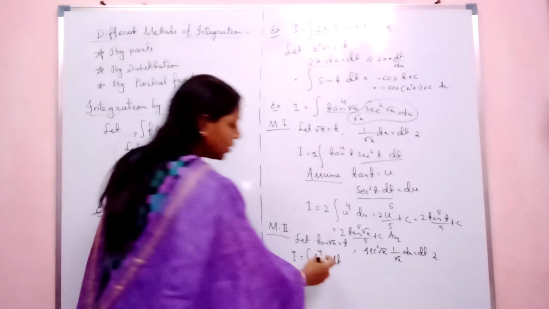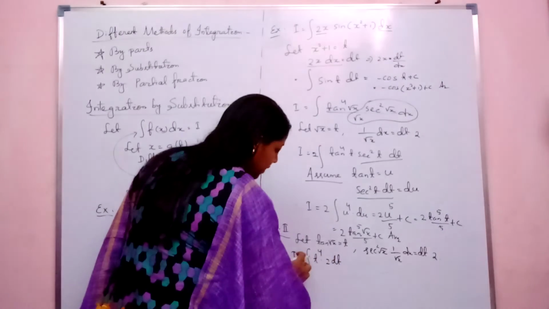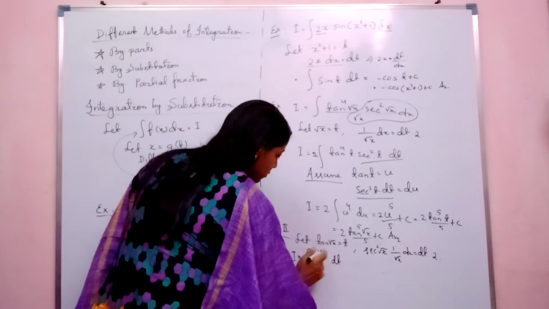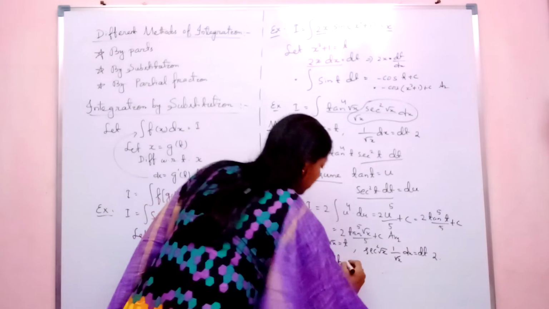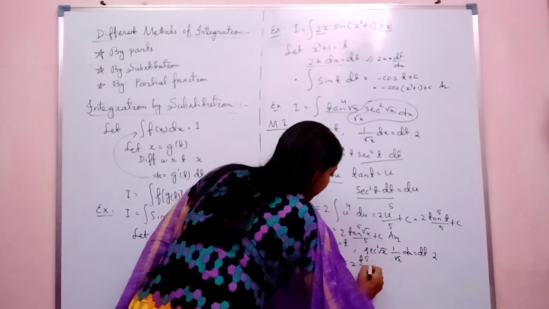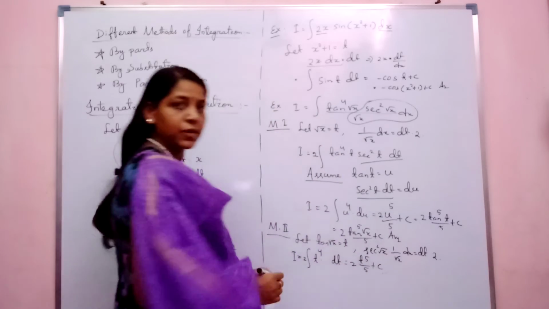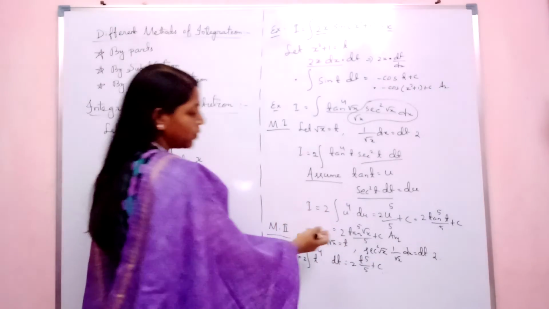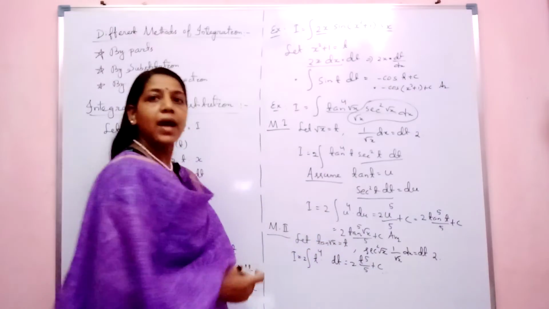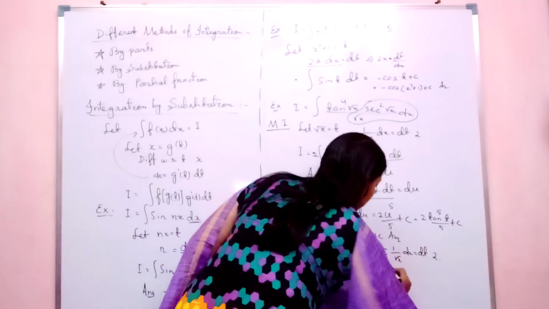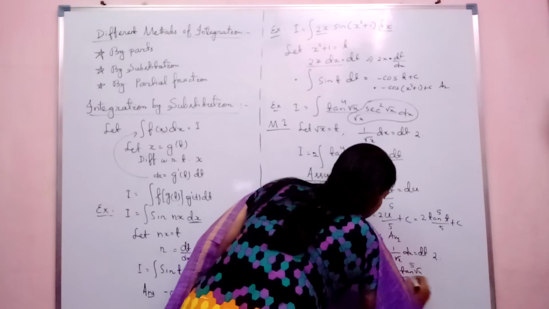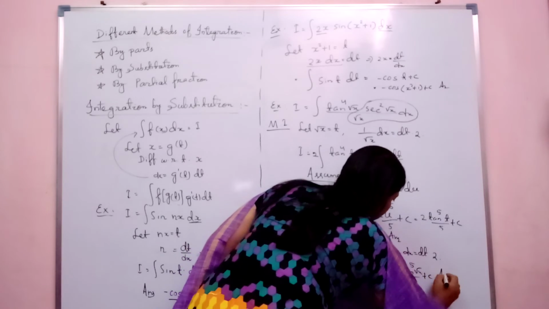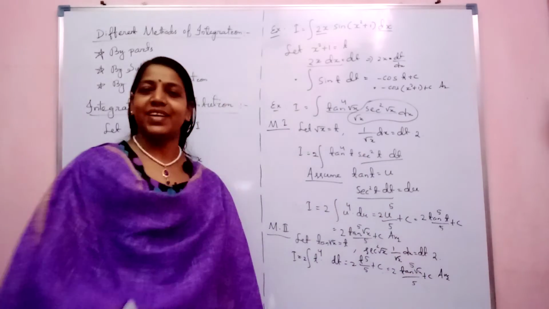Now take your 2 to the outside because it's a constant. So now integration of t to the power 4 dt. Apply the basic integration formula: t to the power 5 by 5 plus c. Now substitute the value of t. What's the t you have assumed? Tan root x. So it will be 2 tan to the power 5 root x by 5 plus c. Answer. So simple or not?